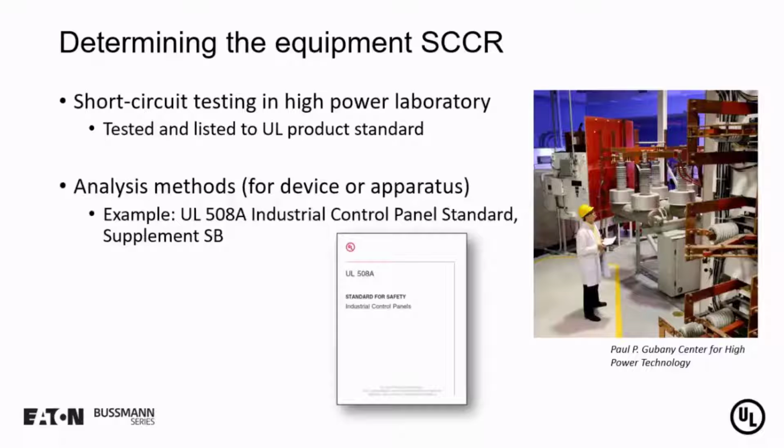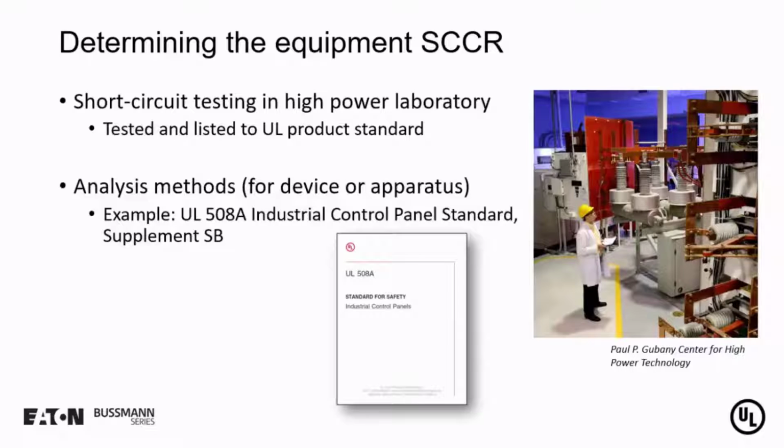And of course, in these panels, whether they're by themselves or part of machinery, they contain many different components that need to have short circuit current ratings, and in particular those components in power circuits. So the easiest way to establish short circuit current ratings for components is to do testing and evaluate the product under short circuit conditions to the requirements in the component standard. And there are many UL product standards that cover the components I'm speaking of.